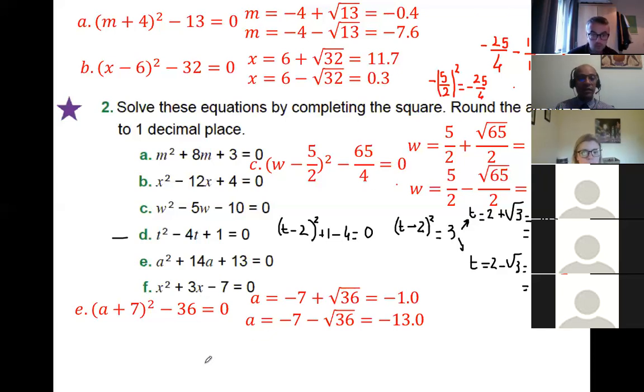And then the next one. 2 is 6, 2 is 4, 6 over 4. So have a go, try it.